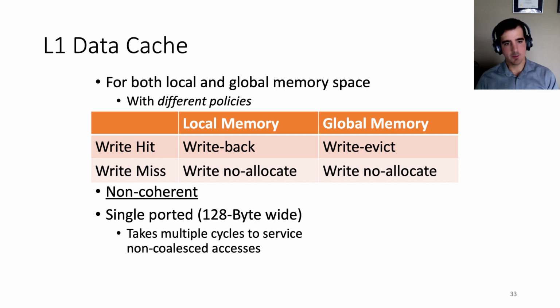One thing that we've talked about before is that in NVIDIA GPUs using CUDA, these caches are non-coherent, so you cannot expect the threads in different SMs to see the same update order like you can in a traditional coherent multi-core CPU setup.